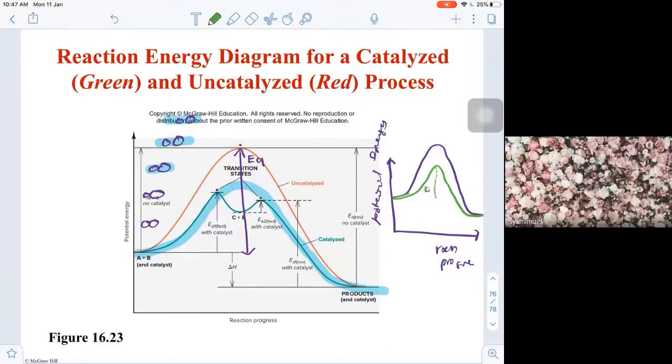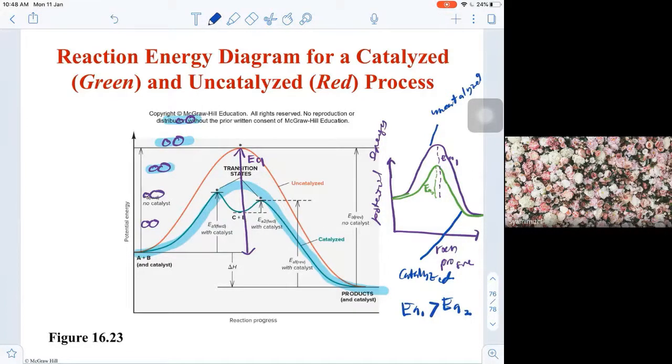This is EA2, the second activation energy, and this is EA1. You also need to label that this is uncatalyzed, or without catalyst, and this one is the catalyzed one. And you have to mention that EA1 is greater than EA2.